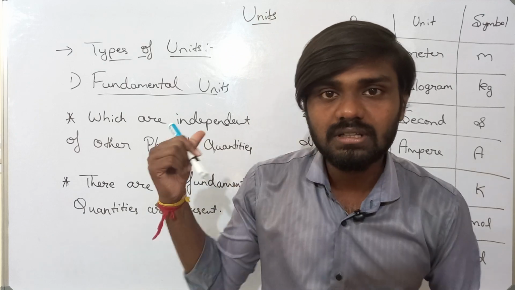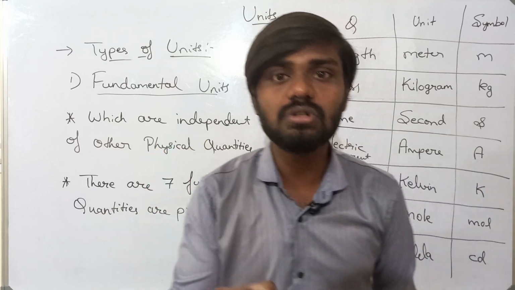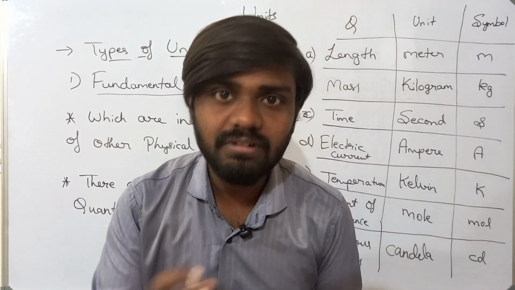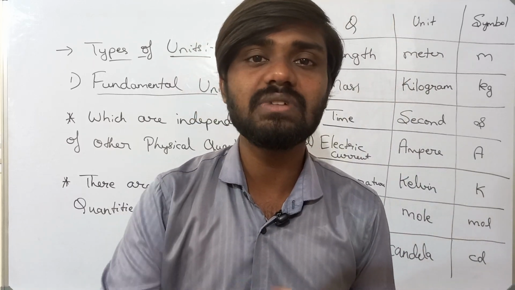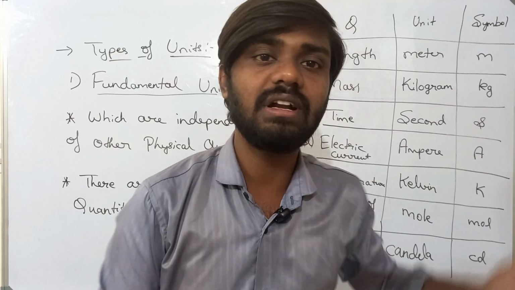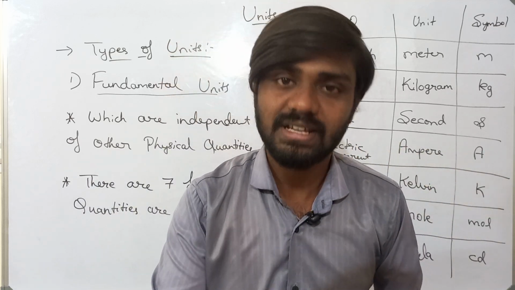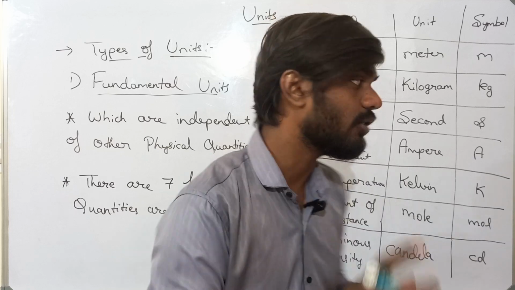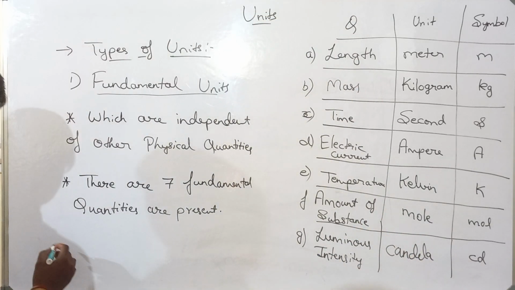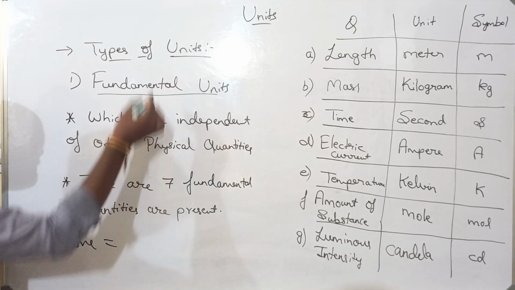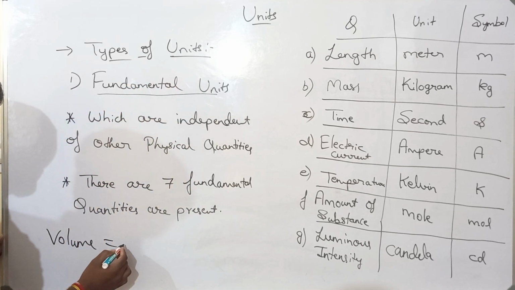So once you got these fundamental quantities, you should understand what are derived quantities. See, the derived quantities are those quantities which depend upon the fundamental quantities for their units. For example, volume. We know volume can be expressed in terms of fundamental quantities, no?